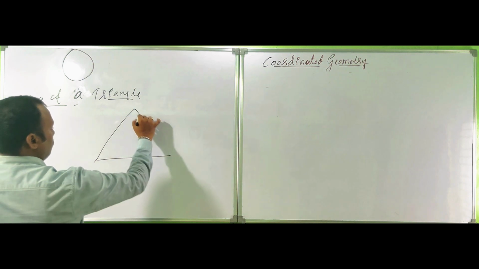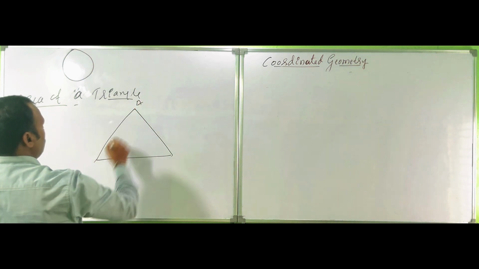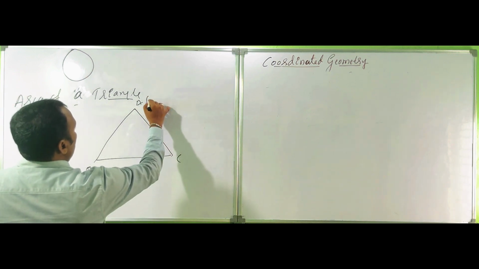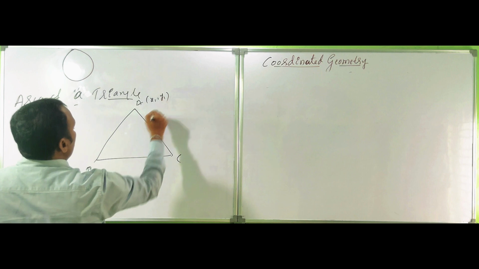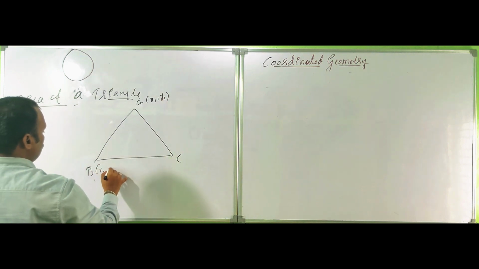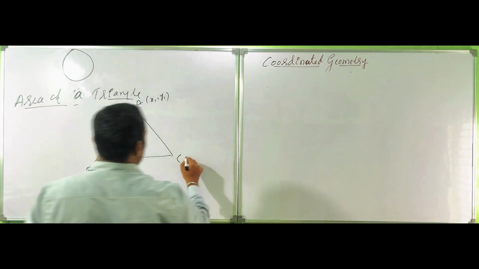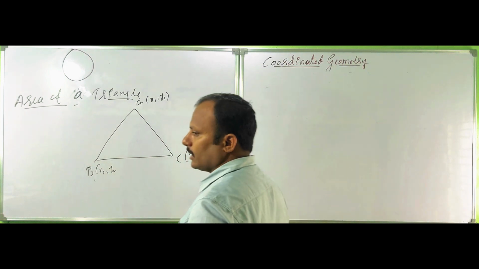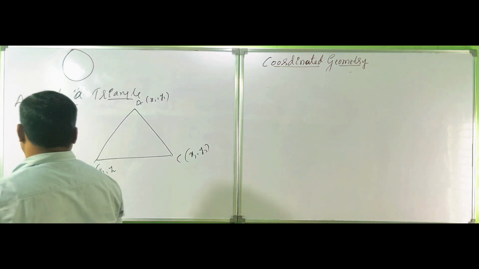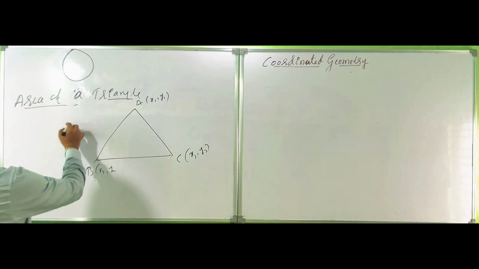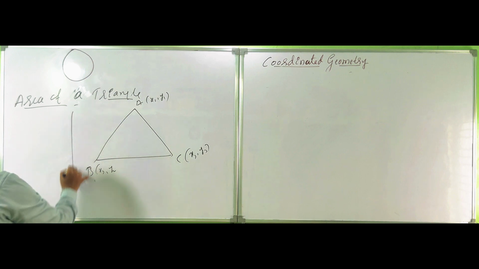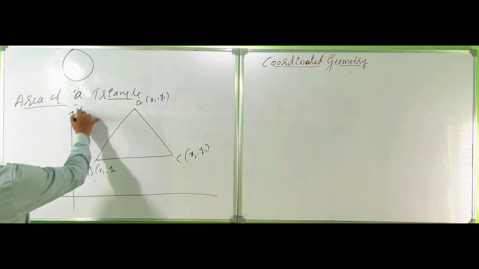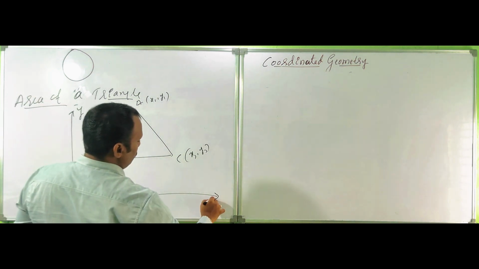A, B, and C, where A is x1, y1, B is x2, y2, C is x3, y3. And this is the axis: this is positive y, this is positive x.